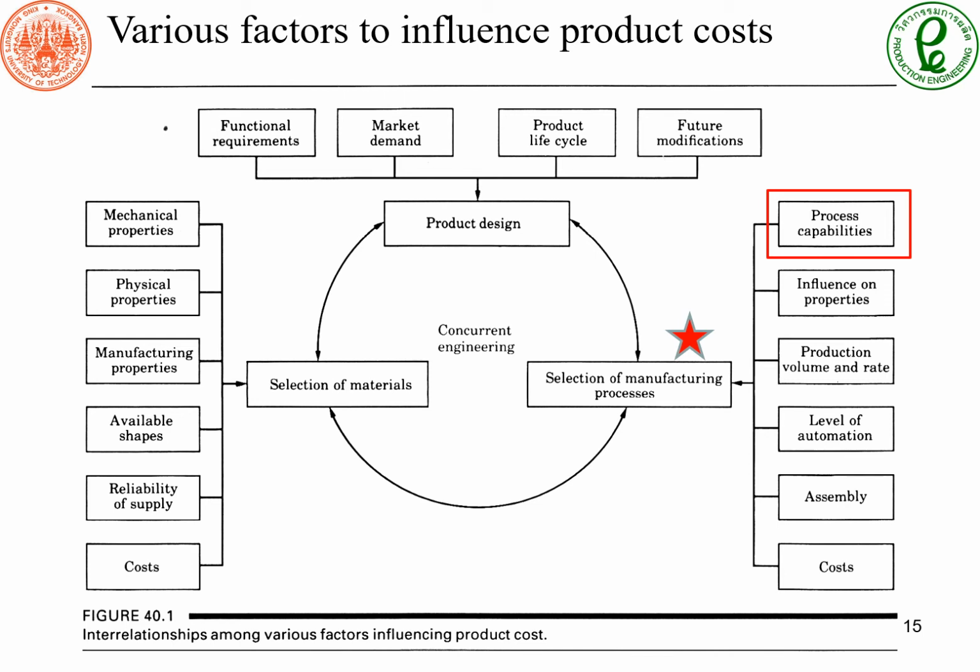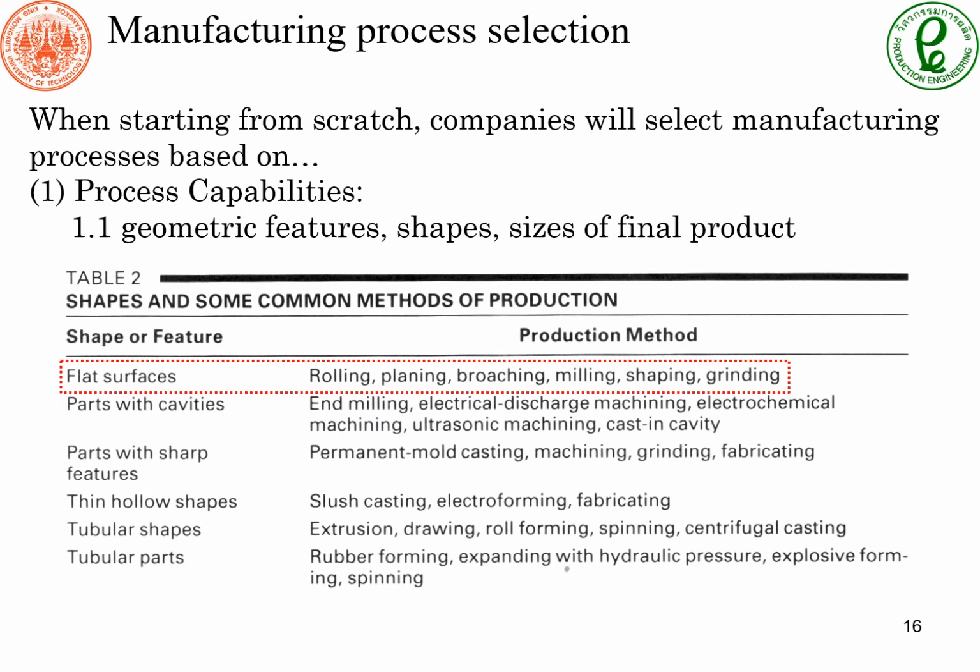Now, let us move on to see how we select a manufacturing process for our product. The very first thing to consider is whether the process can make the product to our specification. We call this process capabilities. Process capabilities in our discussion here refers to geometric features, shapes, or sizes of the final product.